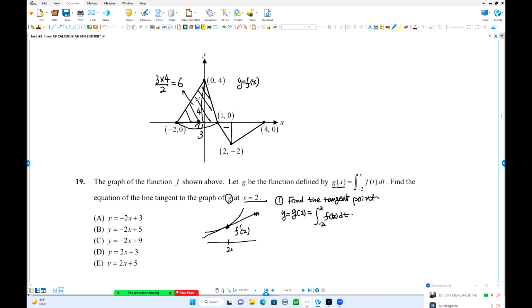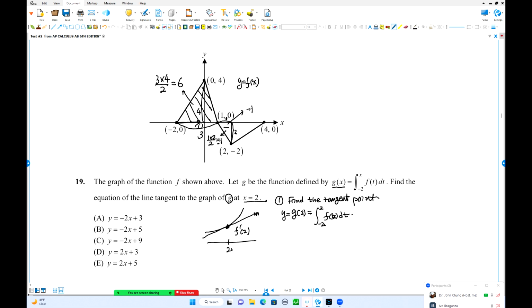The second triangle is below the x-axis, so it's going to be negative area. The length is 1, down over here the length is still 2, right? But this is negative area, so we put the negative sign there. 1 times 2 divided by 2 equals 1, but it's going to be negative 1.